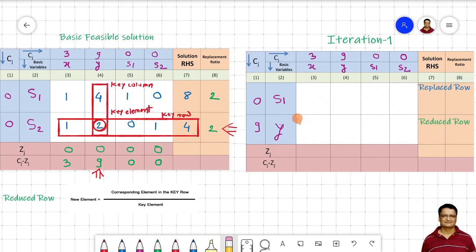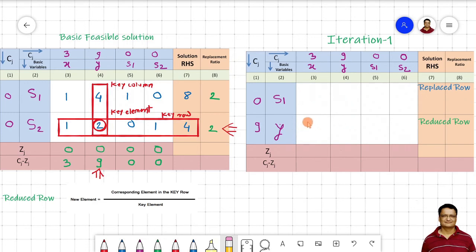Now there are two types of rows in this new table. One is the reduced row and the other is the replaced row. The row corresponding to the key row, we are going to call the reduced row, and the rows which do not correspond to the key row, we are going to call replaced rows. The reduced row elements are given by this formula. So a new element in the reduced row will be the corresponding element in the key row divided by the key element, and we know that the key element is 2.